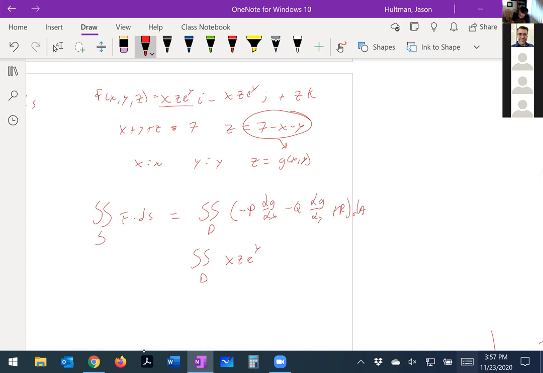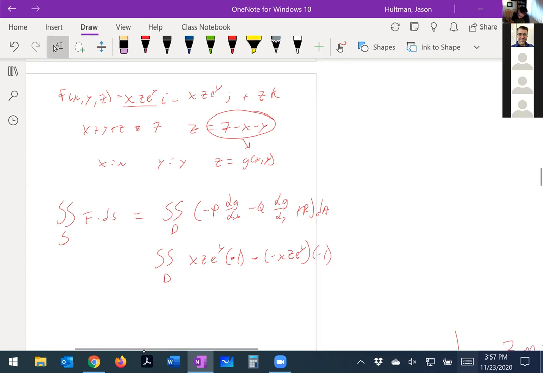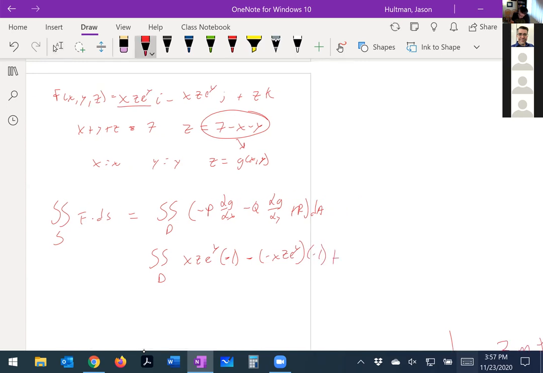Well, that's just the partial of g with respect to x. That's just negative 1. Minus Q, which is negative xz e to the y, dg/dy, that's just another negative 1. Plus R, which is z.